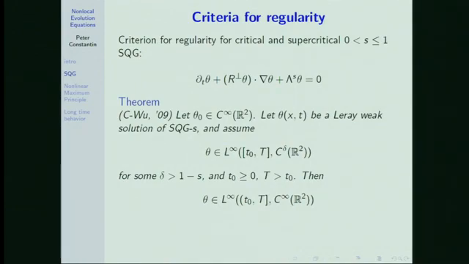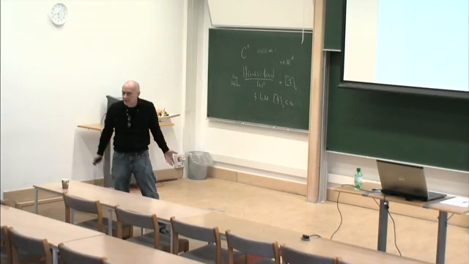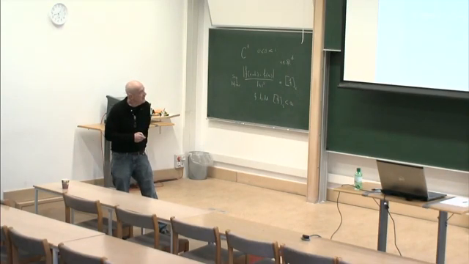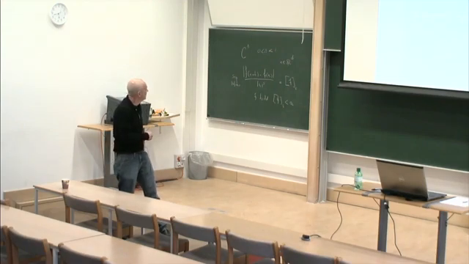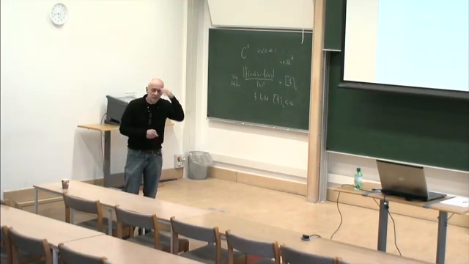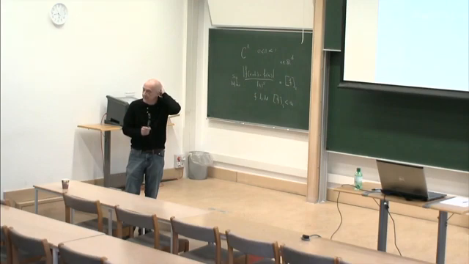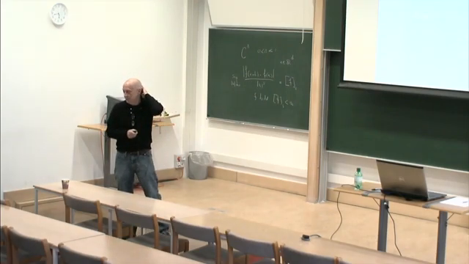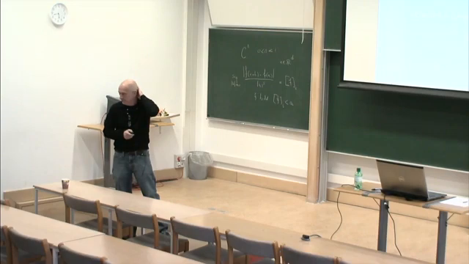And the statement is that if I take a solution that's actually a Leray solution, something that you can construct always, a weak solution, then if you know that it is C delta, with this delta being larger than 1 minus s, then you are regular. So in the critical case, s is 1, so you need any delta. Any little bit of Hölder continuity, you are home. Okay? So the game is, can I produce Hölder continuity out of nothing?